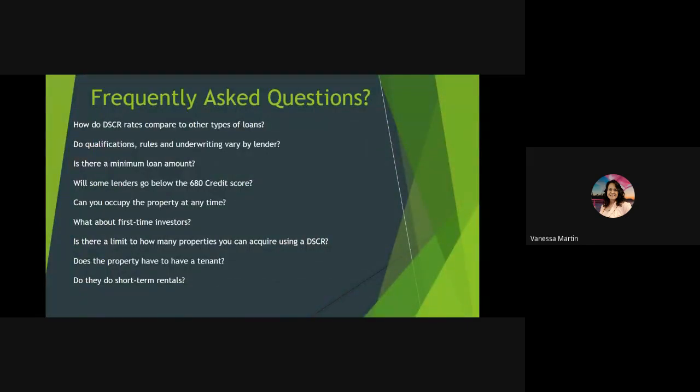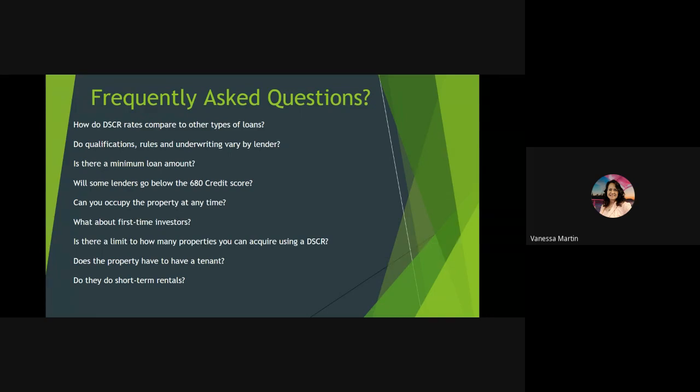So some of the frequently asked questions that we get: how does the DSCR program compare to other types of loans, right? I would say, again, the biggest and most attractive thing about this type of loan is there's no personal income. There's no W-2s, there's no tax returns. Unlike a conventional loan that requires income, they're only going to calculate the income on the property, and it's rental income.